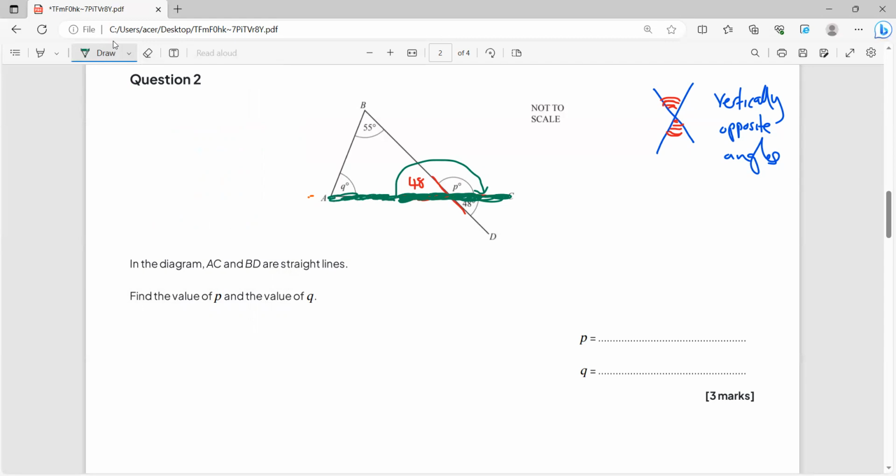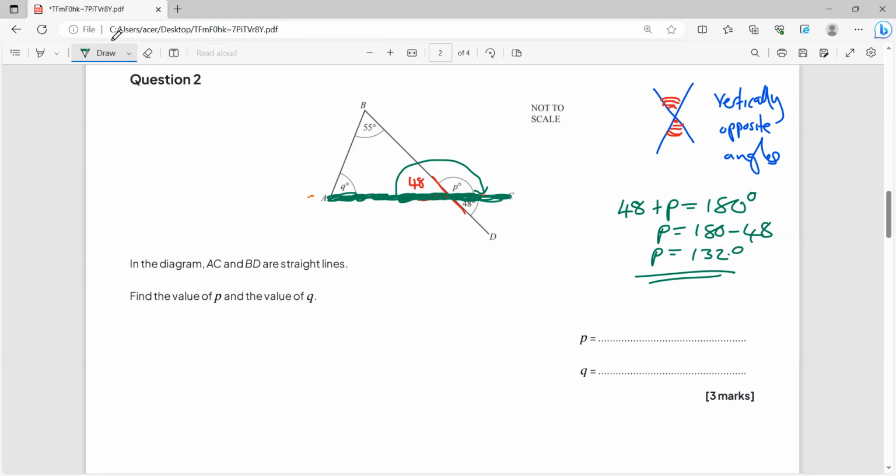We know that in a straight line, the angles add up to 180. So 48 plus P must give you 180 degrees. So P is going to be 180 minus 48, which is 132. And that is how you find P.